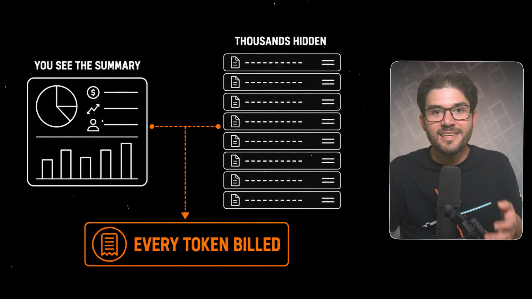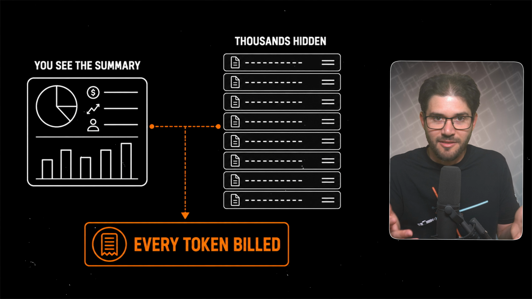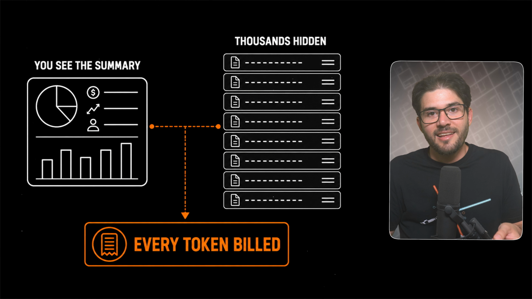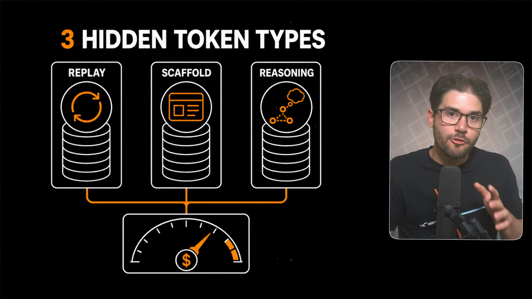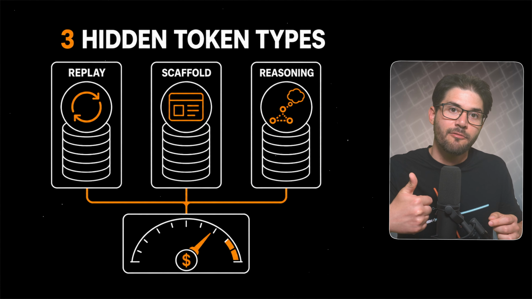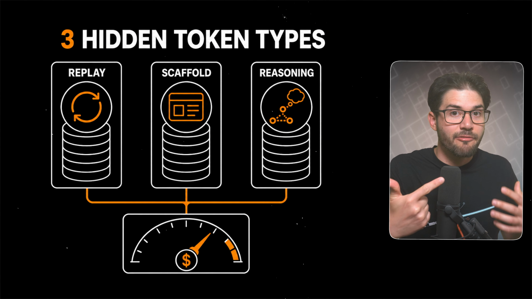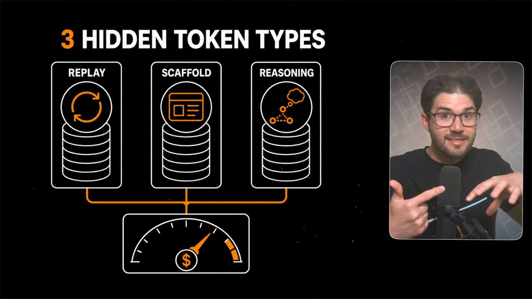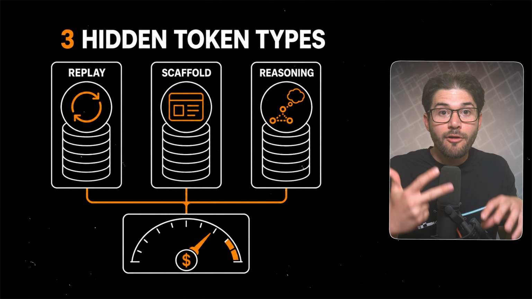Often you only see a polished summary of this thinking or nothing at all, but you are billed for every single token of that internal monologue. So you have replay tokens from the growing context, scaffold tokens from the system's hidden instructions, and reasoning tokens from the model's hidden thoughts. Now, let's see how this plays out in a real-world scenario.